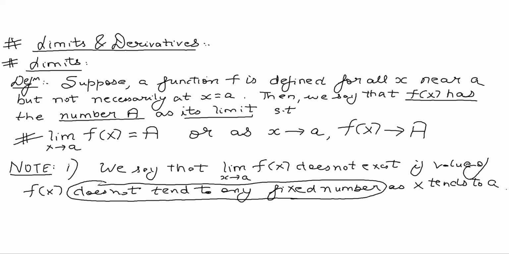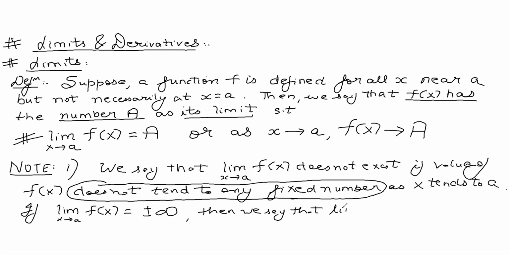In particular, what does this mean? This means that if limit as x tends to a, my f of x is tending to plus infinity or minus infinity, then we say that the limit of the function does not exist, because it's not tending to a fixed number.